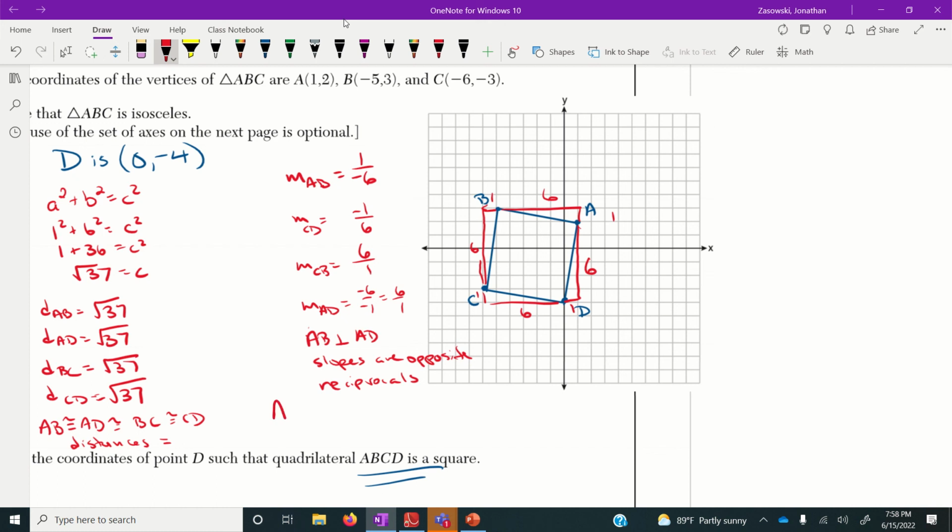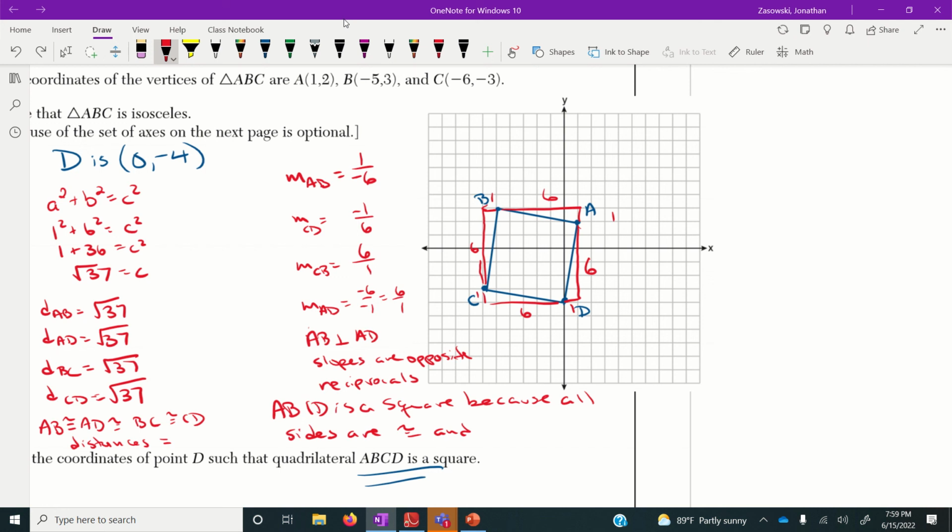So, ABCD is a square because all sides are congruent and all angles are 90 degrees. You can even just say that there's a 90-degree angle.